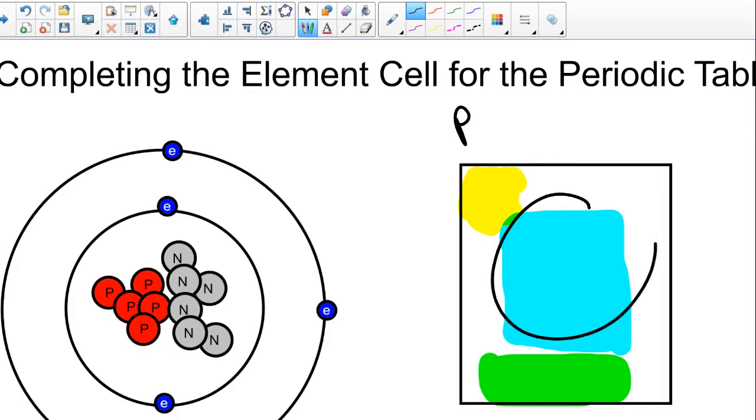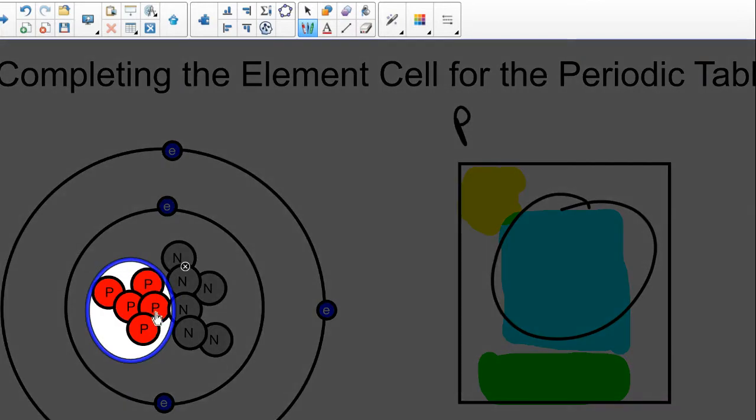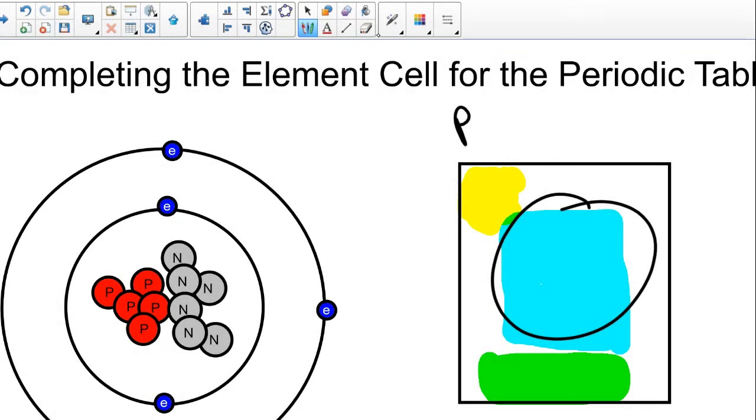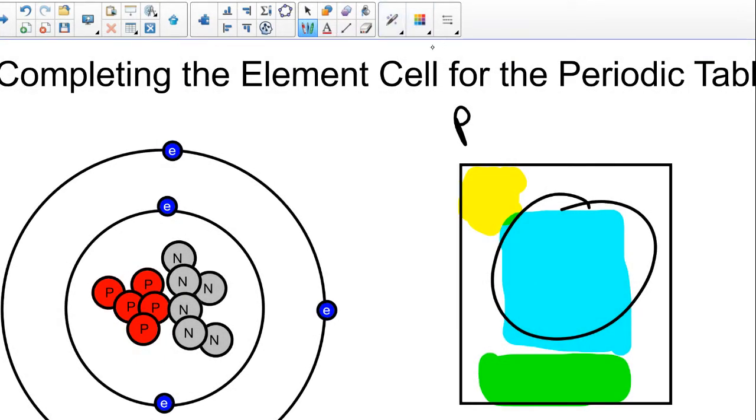And in between we had the name and the symbol for the element. So let's just look here. Looking at my diagram, I'll zoom in, 5 protons, so we're going to put a big 5 in the top corner here.